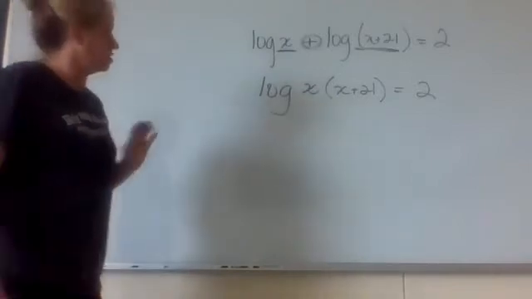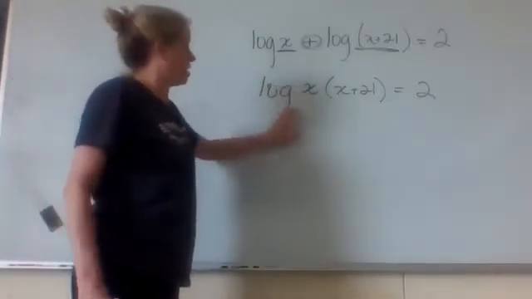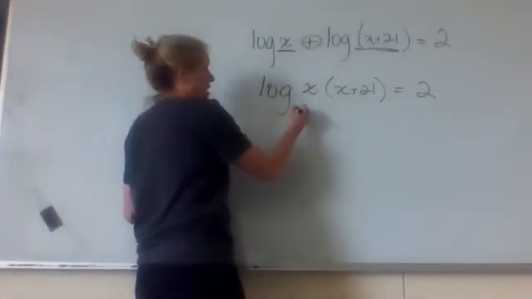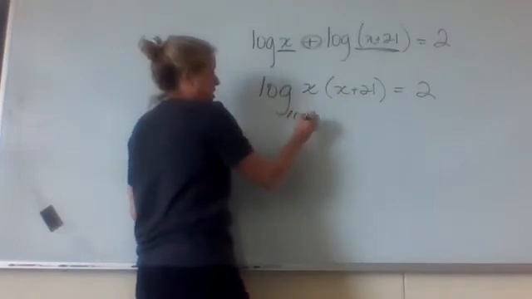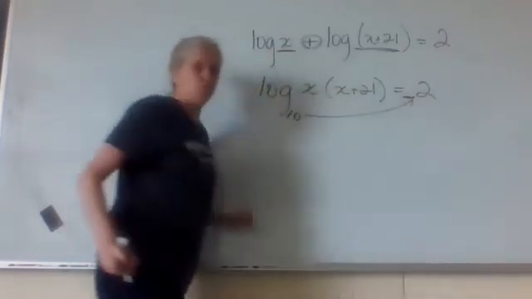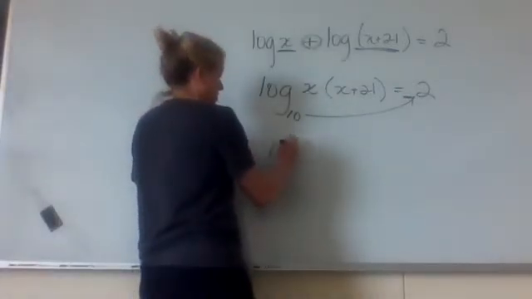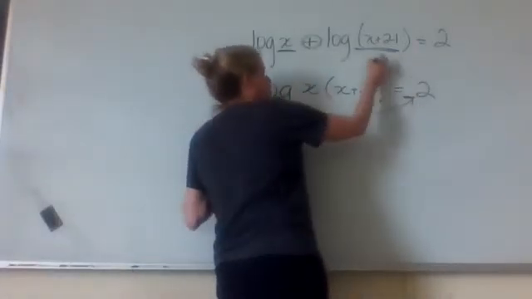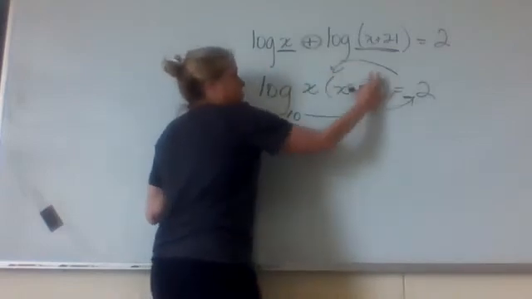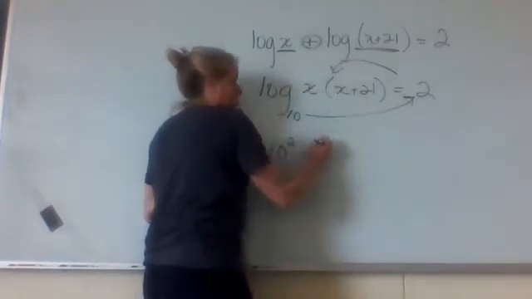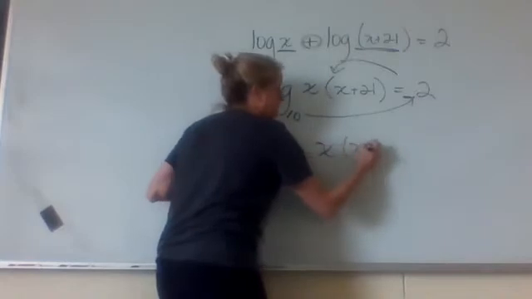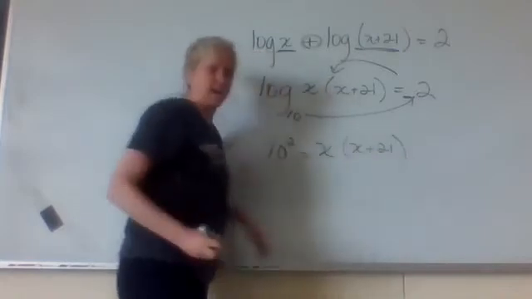So now I'm down to 1 log, which means I will do whatever the base is, since I don't see it, it's a 10 to this power. So 10 squared is equal to whatever is in this position right here. Okay, so I'll have x times x plus 21 there.